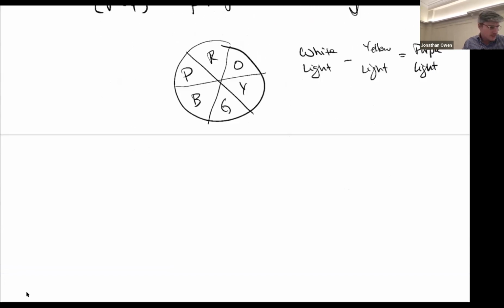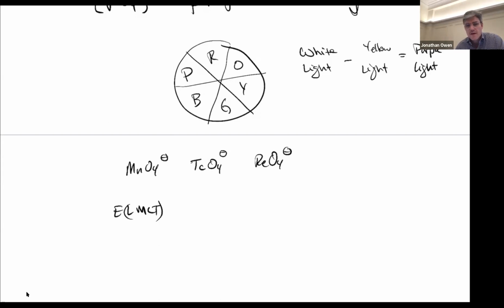Let's go back and take a look at a few others. How about MnO4 minus versus technetium O4 minus versus rhenium O4 minus. So the energy of the LMCT state that we're talking about here, how is it going to change when you go from manganese to rhenium?